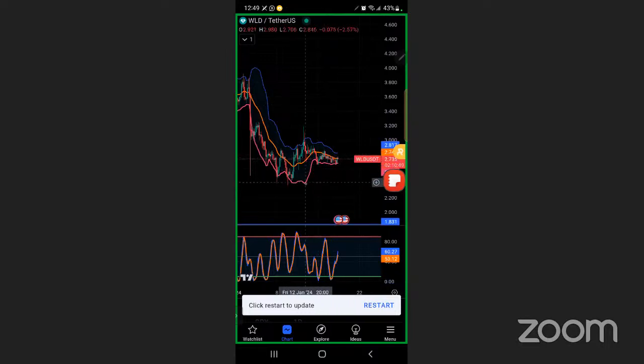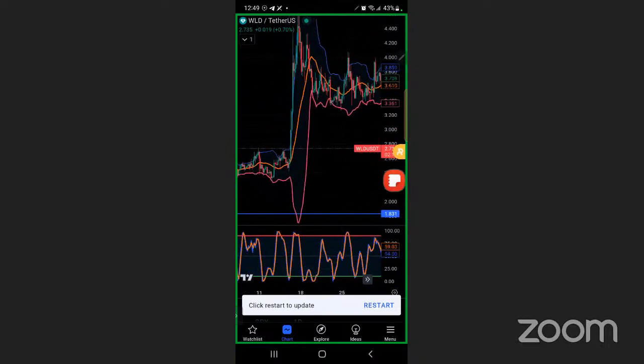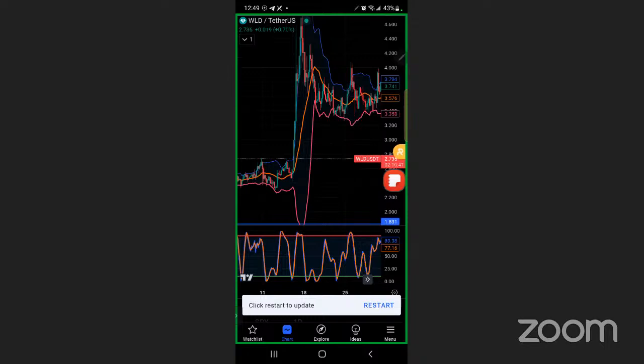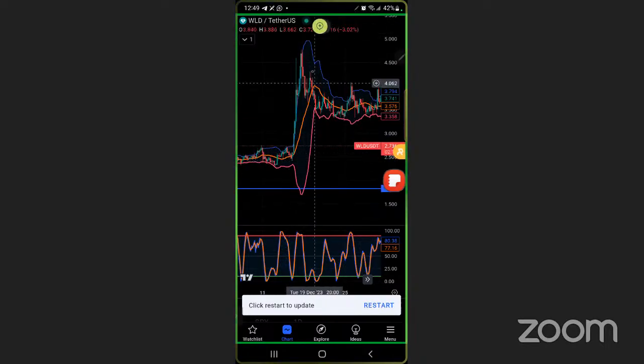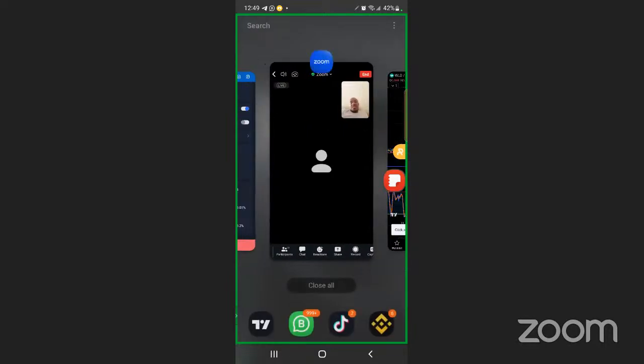But when the buyers overpower the sellers, that means the market goes up. Like here you saw, the market went up from here to here. You get my point? So there is no way a market can stay in the same lane for a long time.